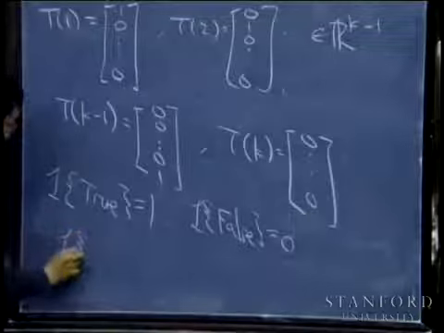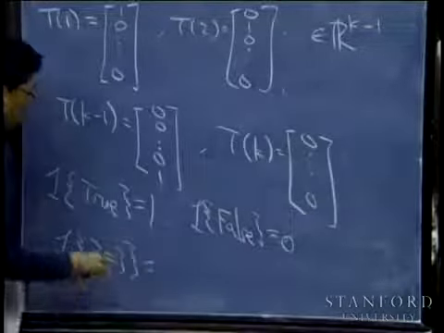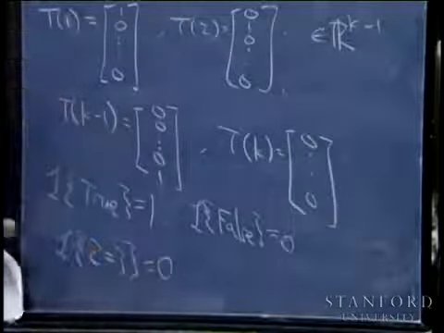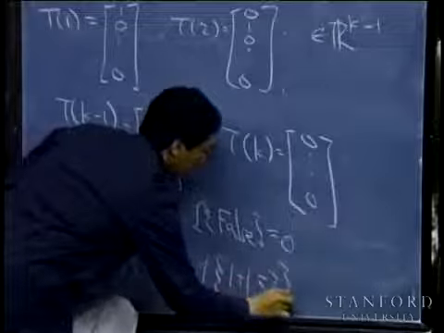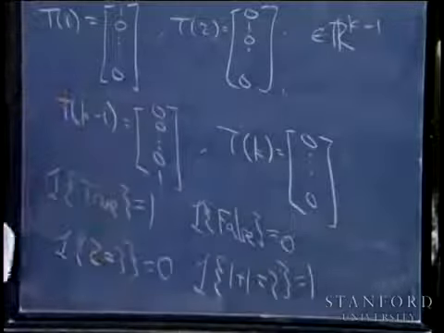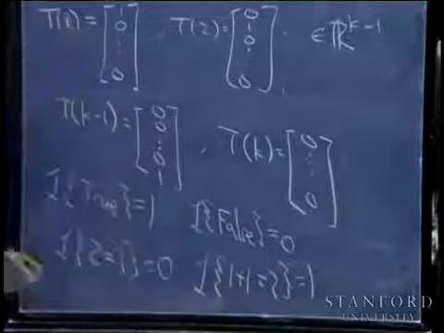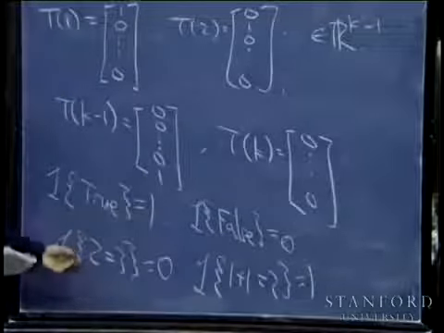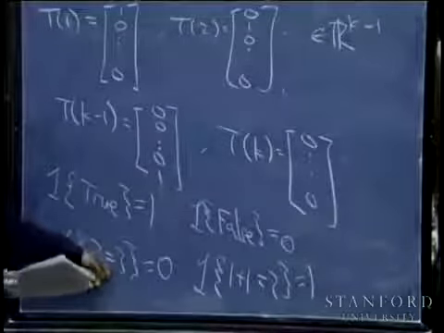So for example, if I write indicator 2 equals 3, then clearly that's false, and so this is equal to 0. Whereas indicator 1 plus 1 equals 2, I wrote down a true statement inside, and so the indicator of the statement is equal to 1. So the indicator function is just a very useful notation for indicating the truth or falsehood of the statement inside.